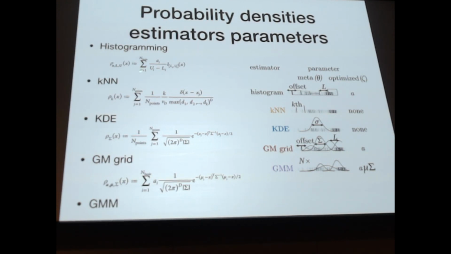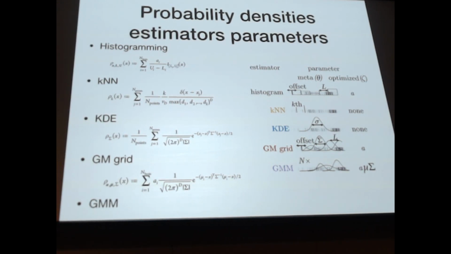So I already mentioned histogramming quite a lot, just to explain the functional form here. You have the probability density, which will depend on a set of parameters, that is a sum of indicator functions. Indicator functions are: if the point is found in the bin in question, then the indicator function takes the number 1, and it takes the number 0 outside, and then you have normalization factors.